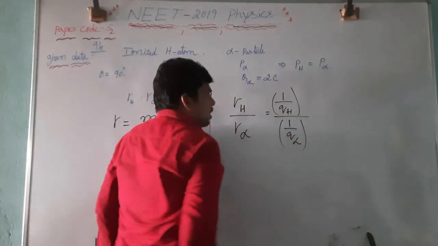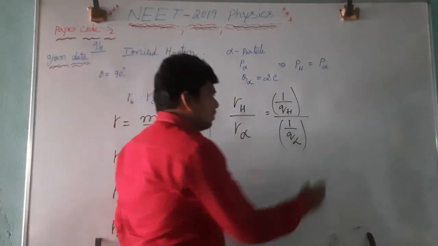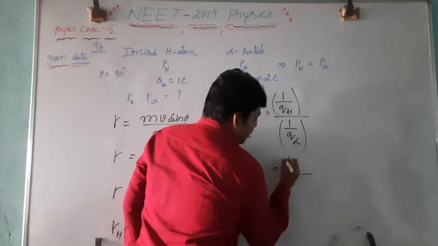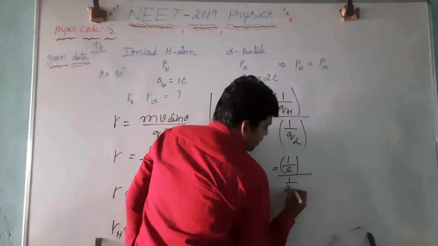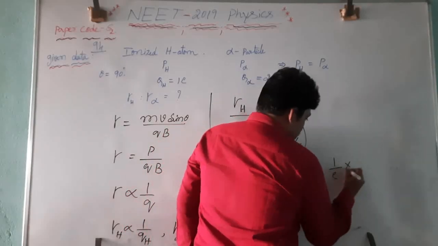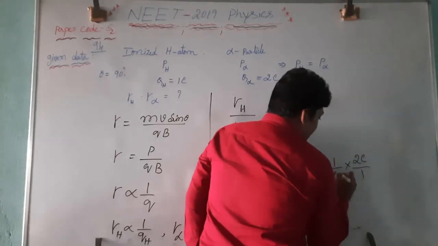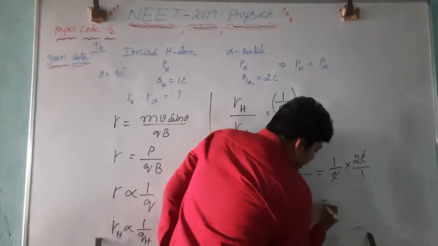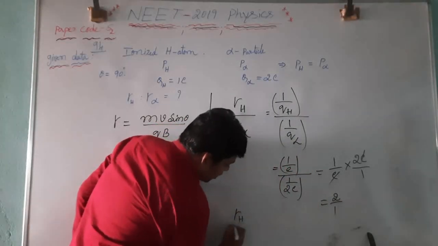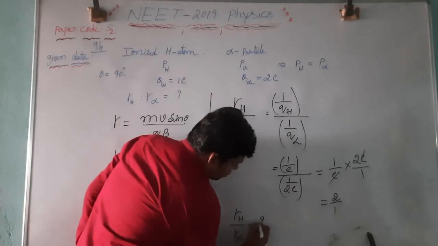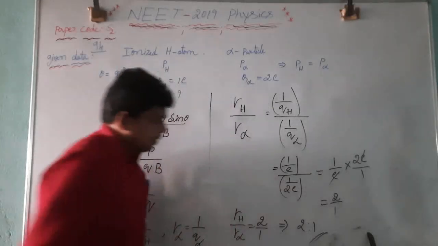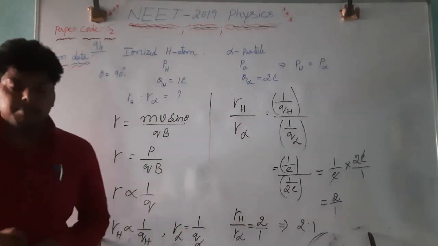QH, the charge on the ionized hydrogen atom, is 1 by e, and for the alpha particle it is 1 divided by 2e. You can write this as 1 by e into 2e divided by 1. e gets cancelled. The remaining answer is 2 by 1. RH divided by R alpha is 2 by 1, that is 2:1. Your option is 2:1.